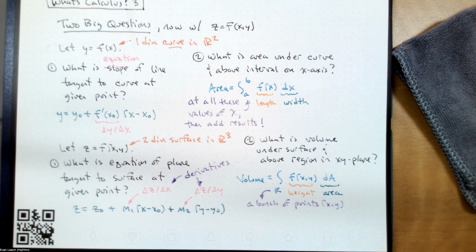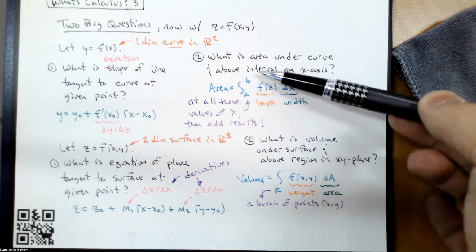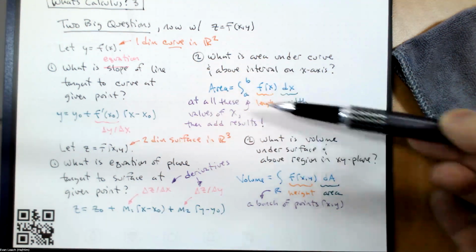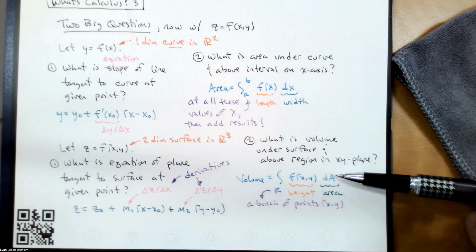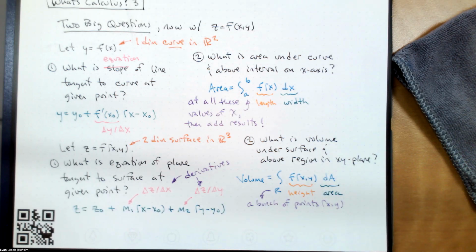Under a surface, we'll have a region, which is complicated. It can have all kinds of different shapes. The structure of the integral is the same. Make this calculation f of x dx at all these values from A to B. Make this calculation f of x y times dA at all these points R. R is just a collection of points x, y.